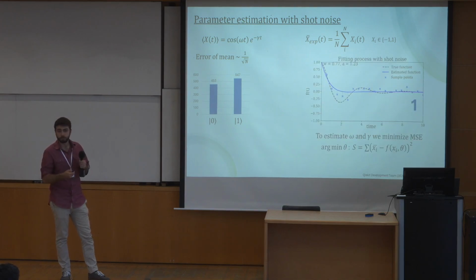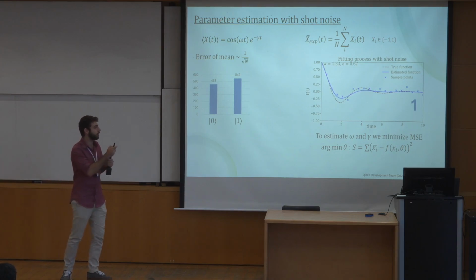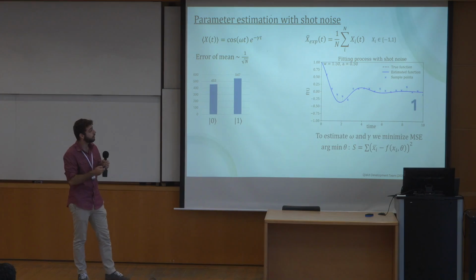So what we'll do is we'll take our measurements, we'll put them on a graph as a function of time, and those measurements, again, will have errors. They will deviate from the true function. And we'll try to find a function that minimizes the distance between it and our measurement data.